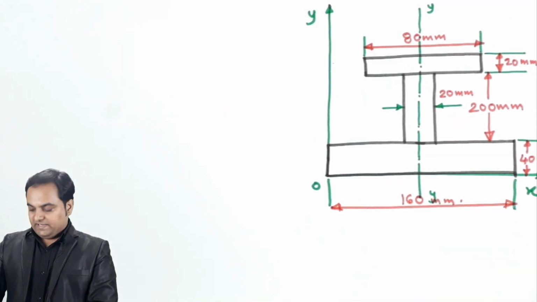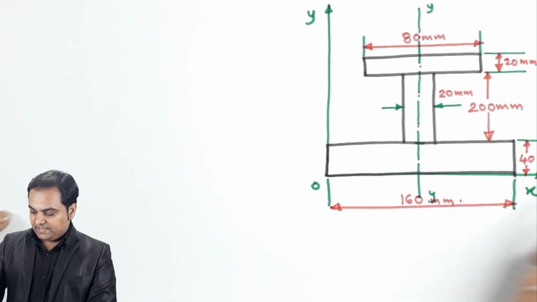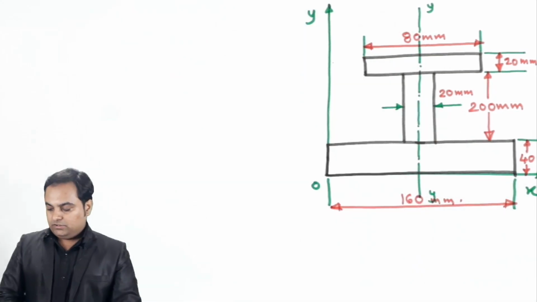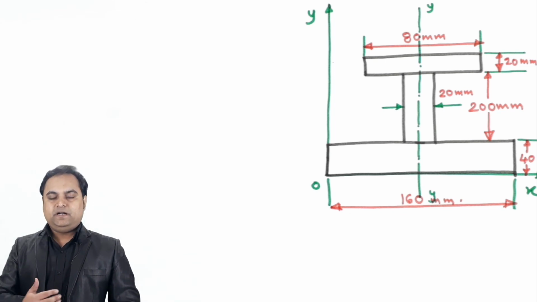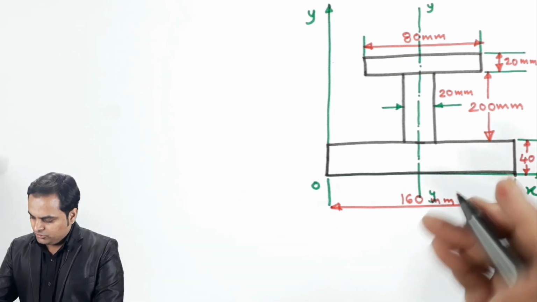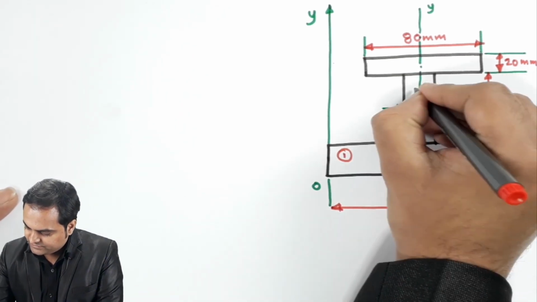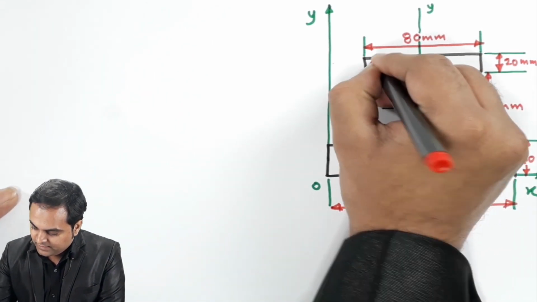So this is the given diagram. I have placed it onto the axis system, that is x and y. Now the first step would be to divide this figure into three equal parts, or we can say three rectangles here. So here is the first rectangle, this is second, and here is the third.